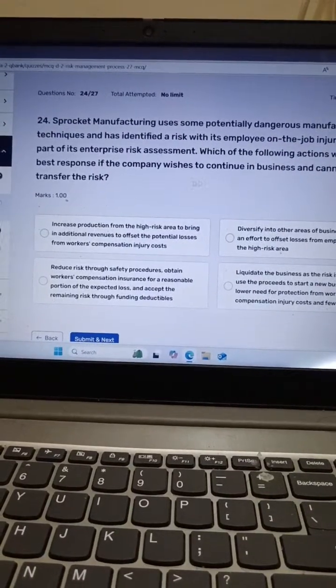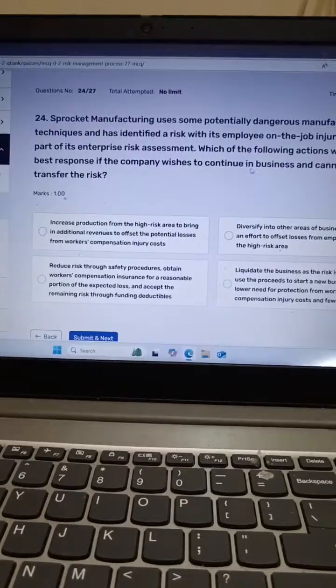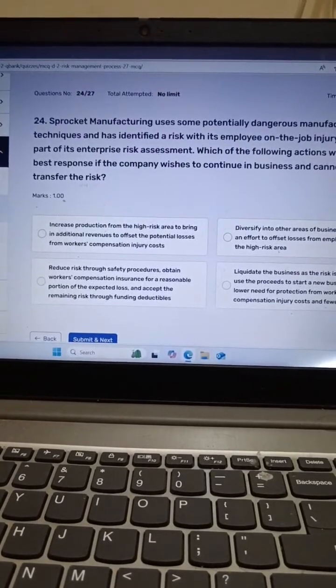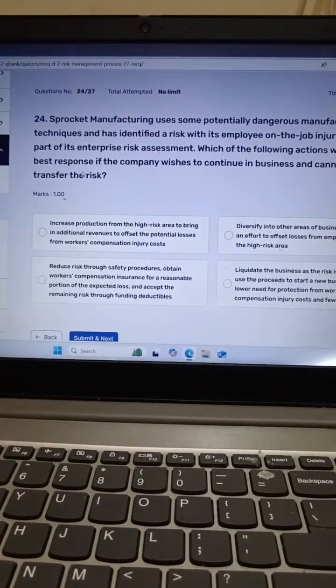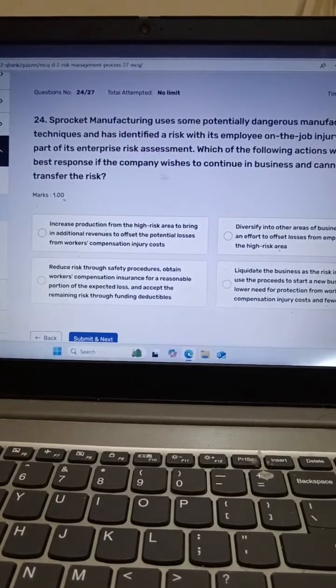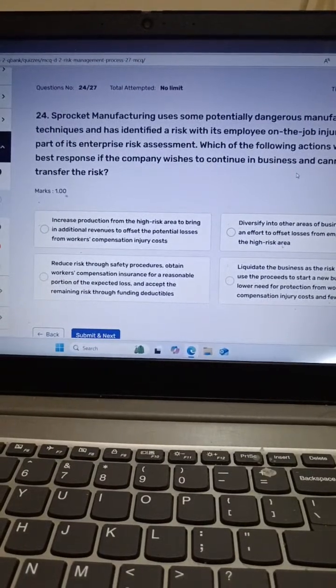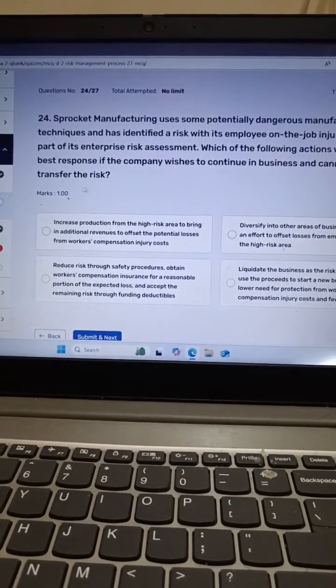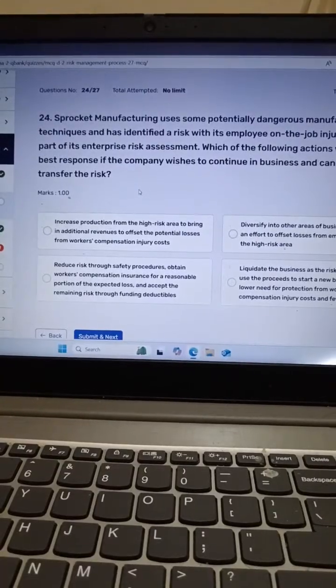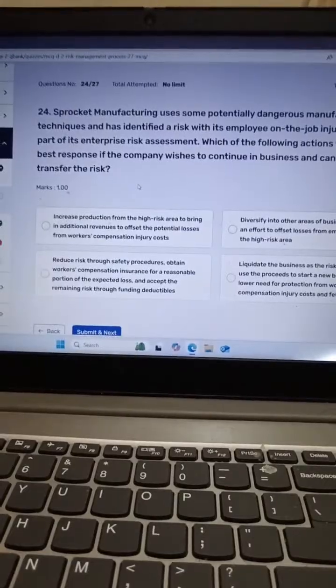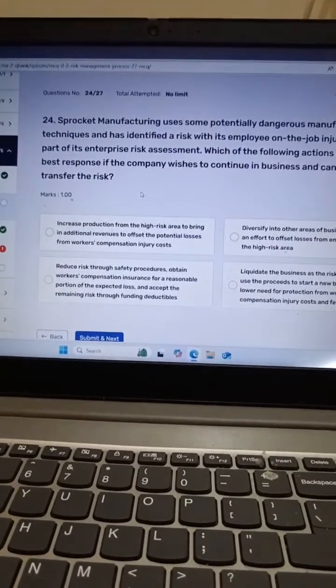Now we are going to complete all the questions soon. Which of the following actions should be the best response if the company wishes to continue in business and cannot fully transfer the risks? This one is the limitation of the company. The company should continue and cannot transfer the risks as well.